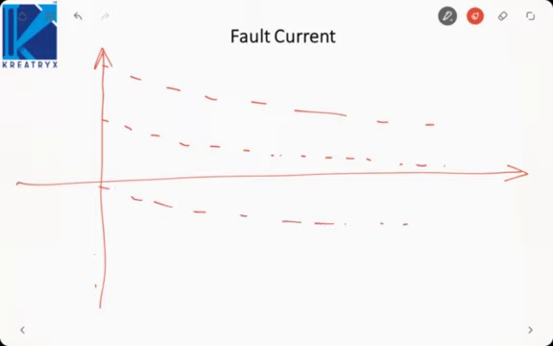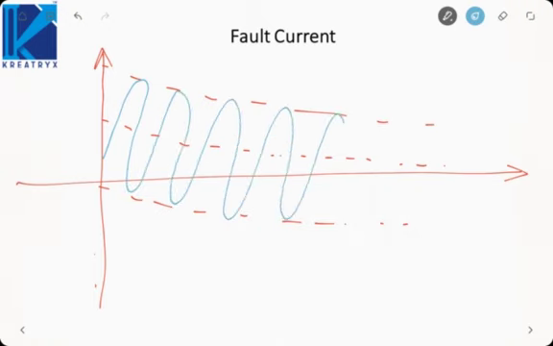Okay. So how will my current look like? It will look something like this. I have just shifted it upwards by an amount of the DC offset current. So now if you see, it is not symmetrical above and below the x-axis.